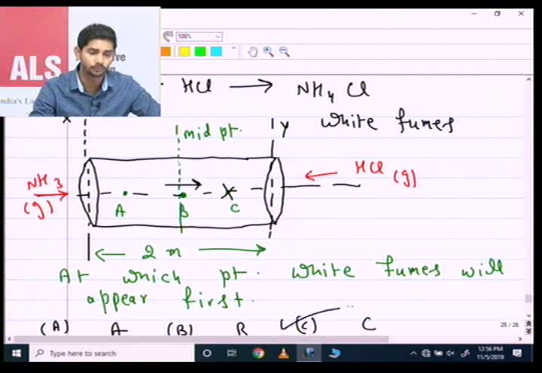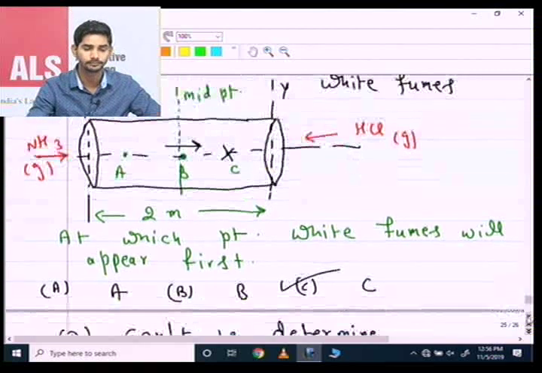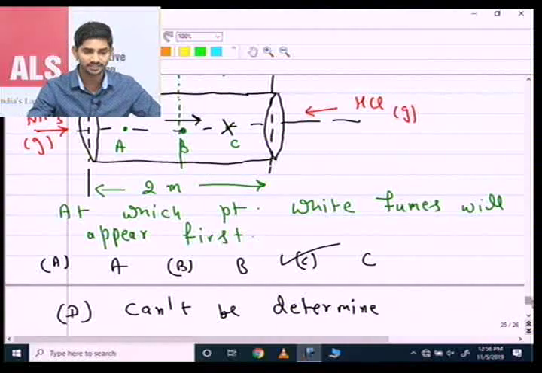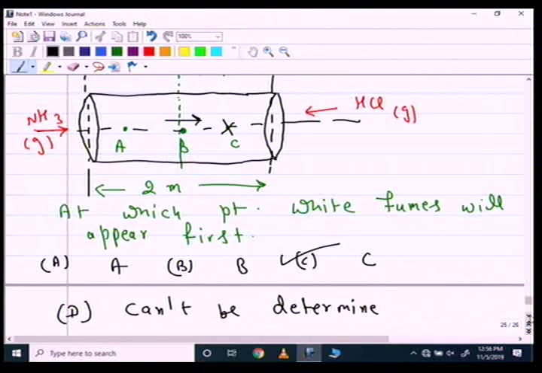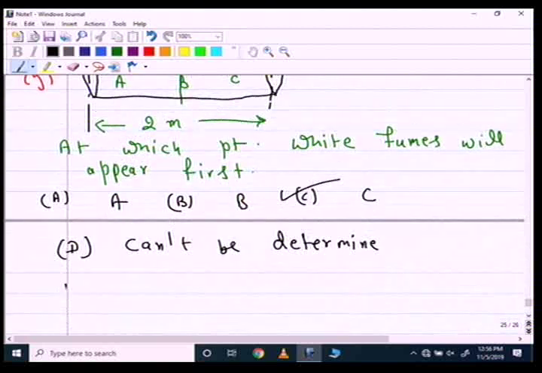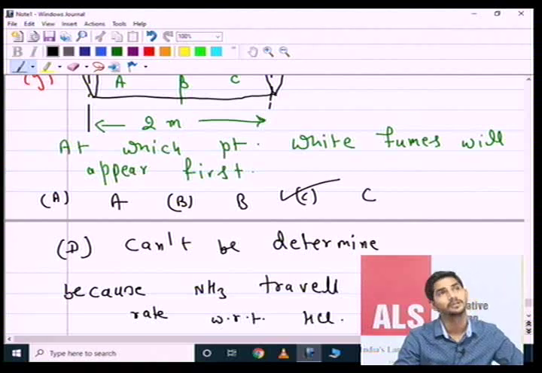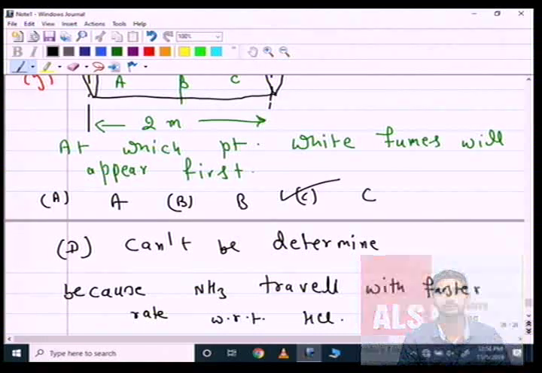So the correct answer would be C. You can simply say, because ammonia travels with a faster rate with respect to HCl. First of all, tell me, are you clear with the question?